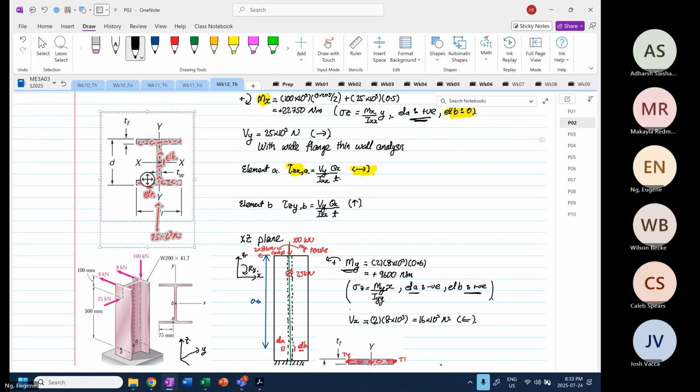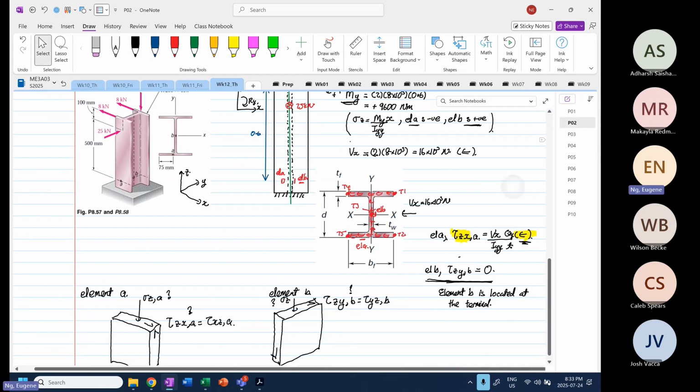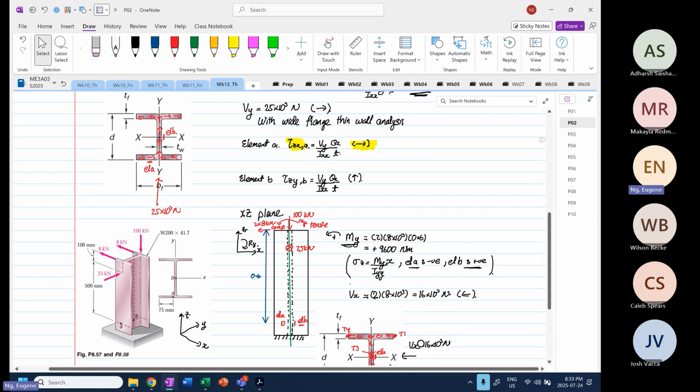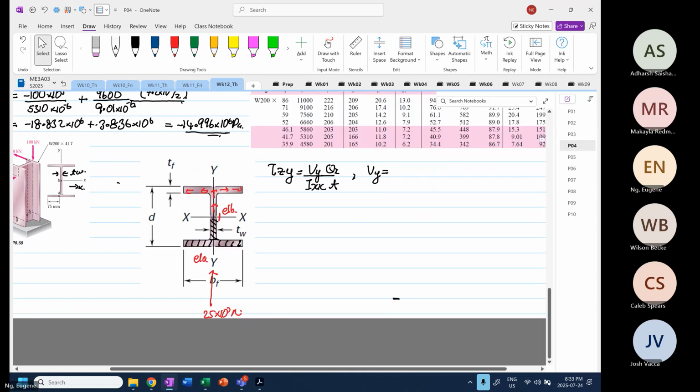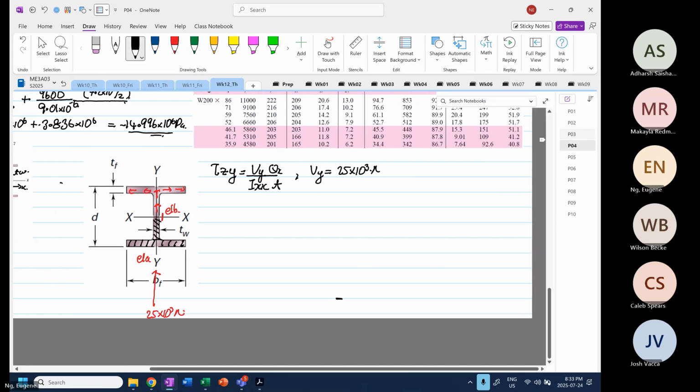And we know that Vy is equal to our 25, right? Vy is 25 times 10 to the power 3 Newton. We also know our Ixx is equal to 40.9.